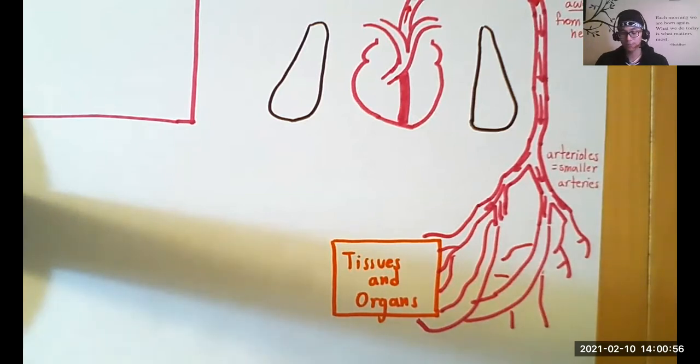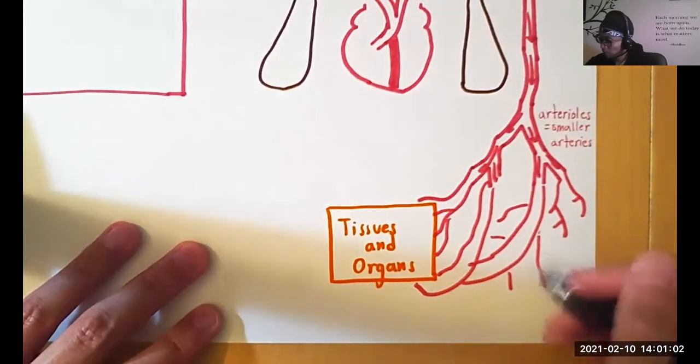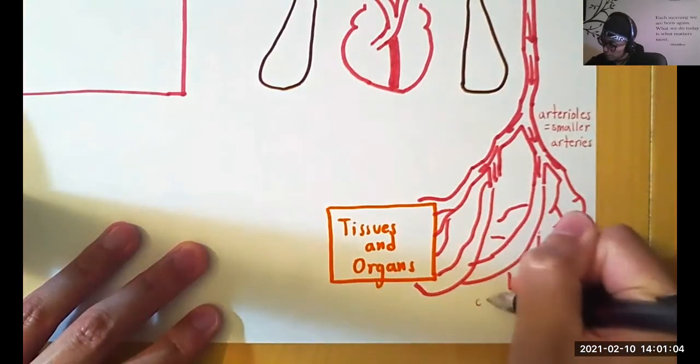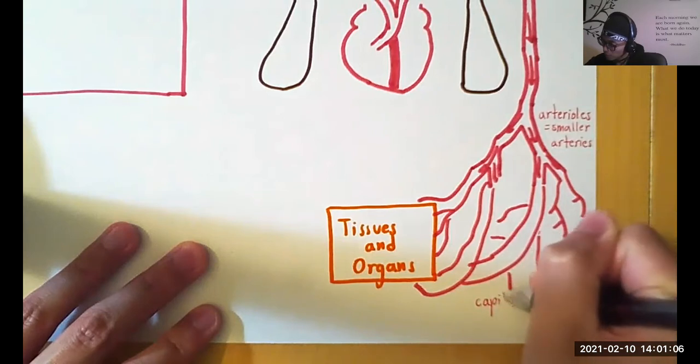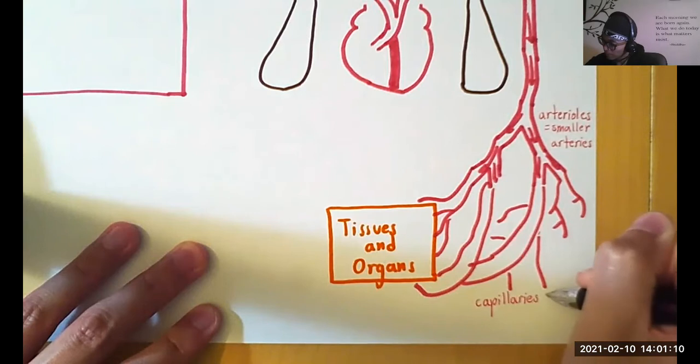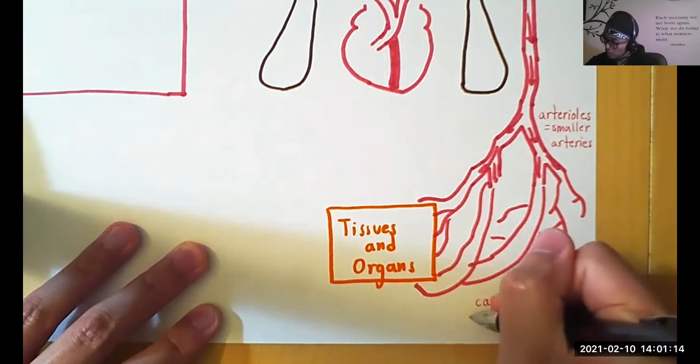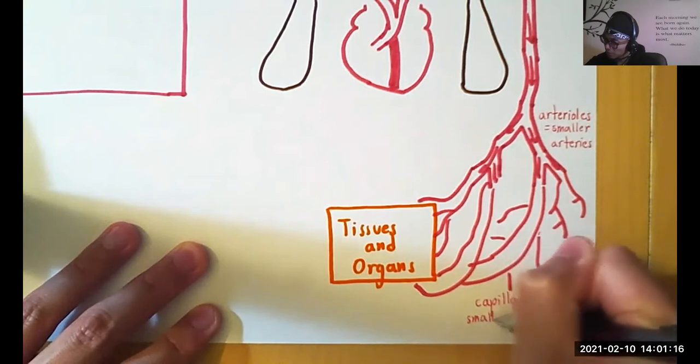Look something like that. These are called capillaries. Capillaries are the smallest blood vessels.